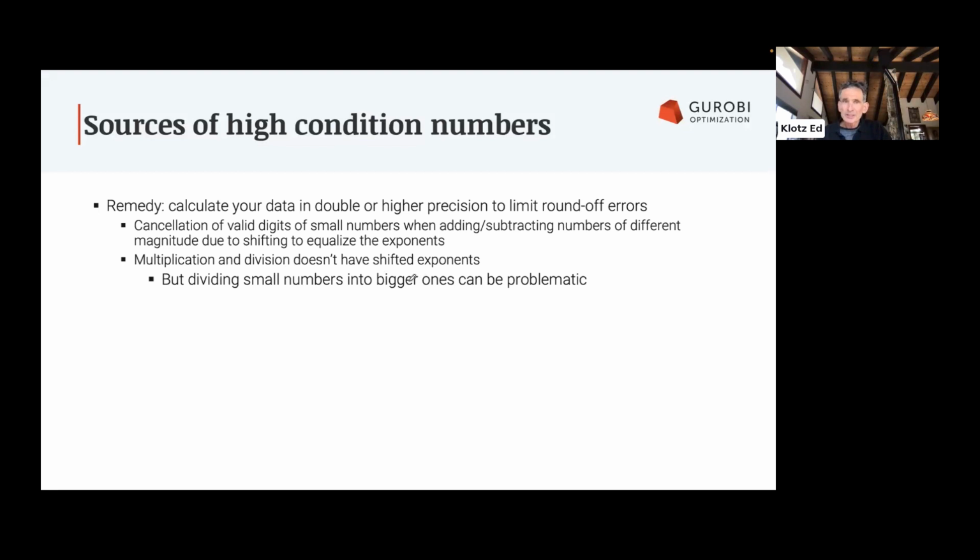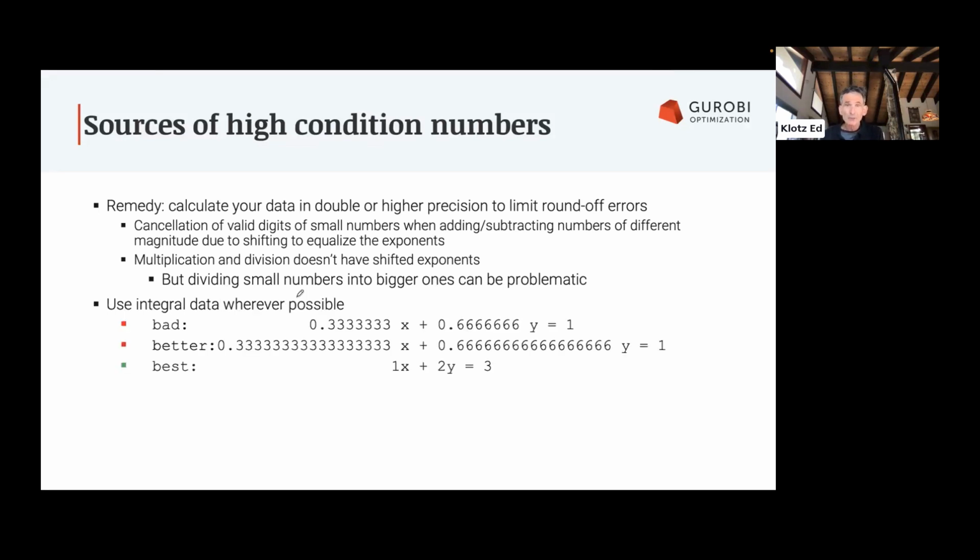That shifting doesn't occur with multiplication and division, but you still want to take care to avoid dividing small numbers into bigger ones. Gurobi does that itself in its basis factorization quite extensively.